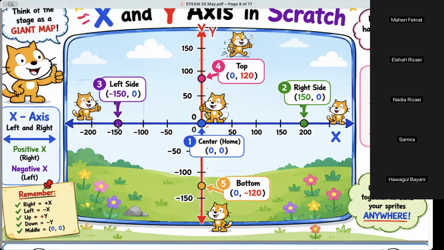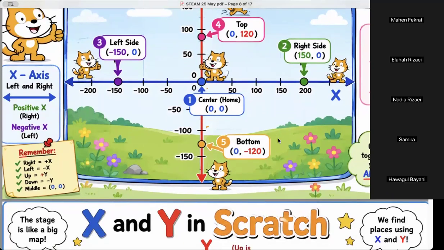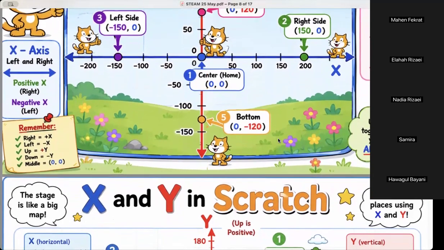This sits on minus 150, but y is 0, right? This line. But the x-axis is minus 150. Let's look at the bottom one. Okay, some correct, some incorrect.